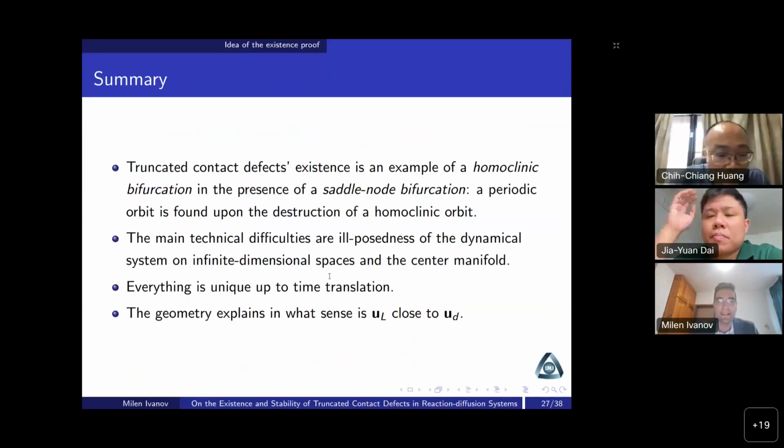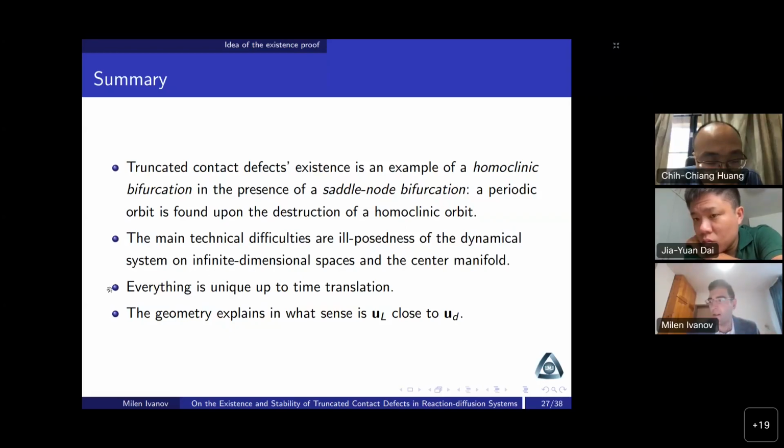So if I wanted to summarize, the existence is an example of a homoclinic bifurcation. I perturb, and I obtain the system, and from a homoclinic orbit, I obtain a periodic orbit with a large period. And I also have the presence of a saddle node bifurcation. The technical difficulties are the ill-posedness of the dynamical system on infinite dimensional spaces, and of course the presence of a center manifold.